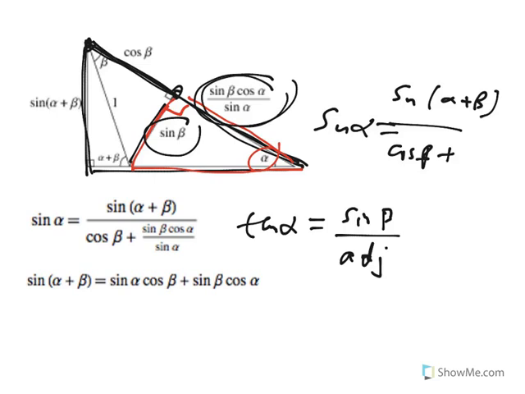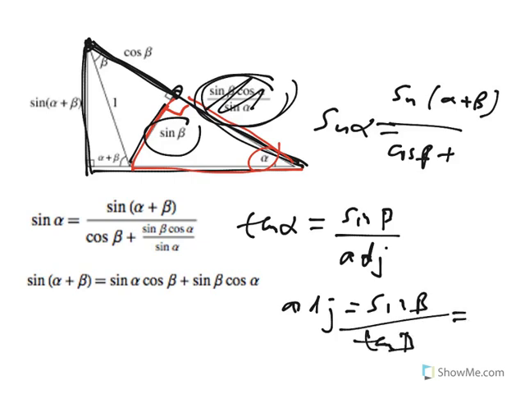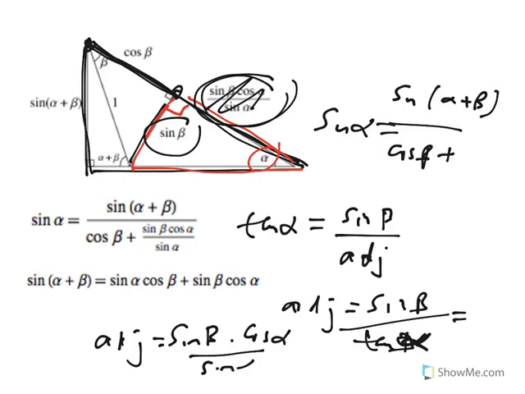And this adjacent side, let's say I don't know it yet, so I can say adjacent side equals sine beta over tan alpha, but tan is sine over cosine. This is tan alpha, not beta. So the adjacent side turns into sine beta times cosine alpha over sine alpha.